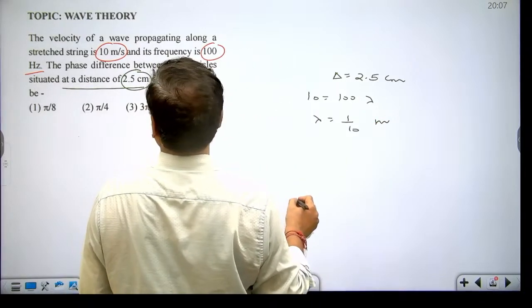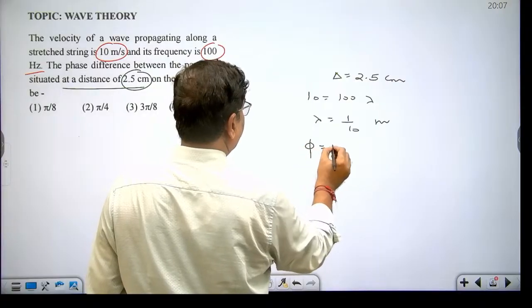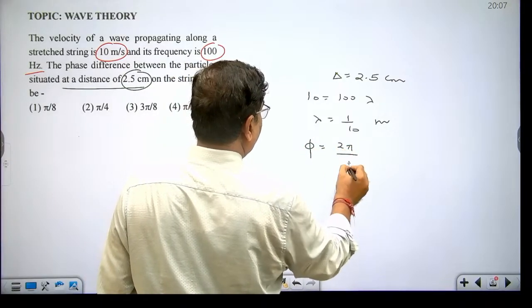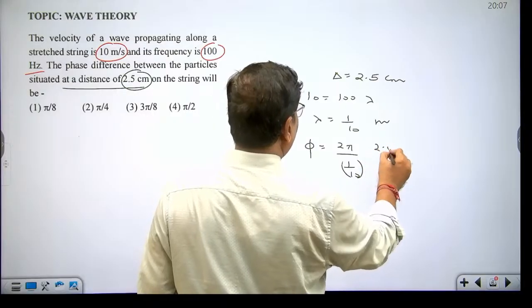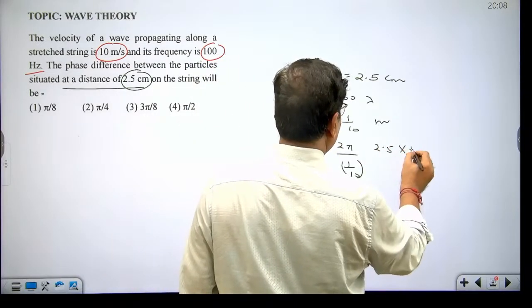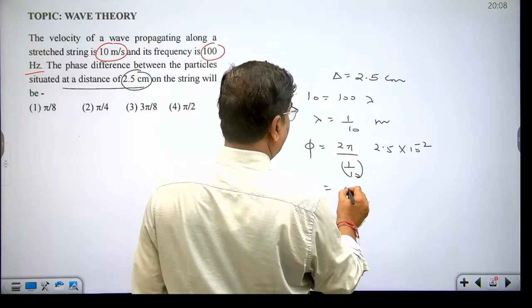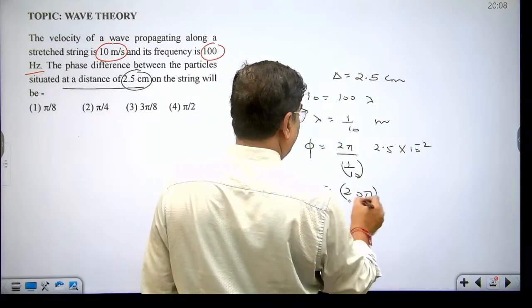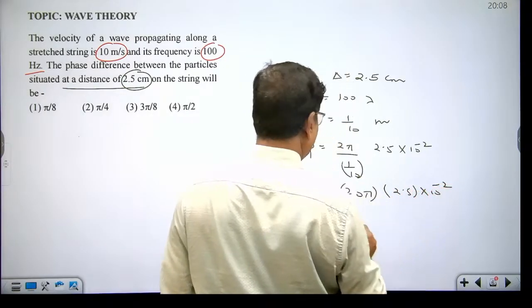Now we have to determine phase difference. Phase difference equal to 2 pi upon lambda into path difference. This is 2.5 centimeter, means meter. So this is 20 pi into 2.5 into 10 power minus 2.